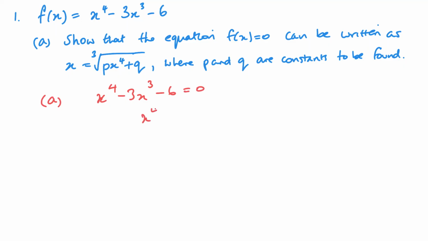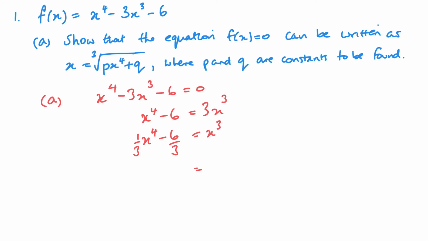So I've got x to the power 4 minus 6 equals 3x cubed. Divide by 3, so x to the power 4 minus 6. Now I want to divide by 3, but I'm going to do it separately because I've got a separate p and a q.